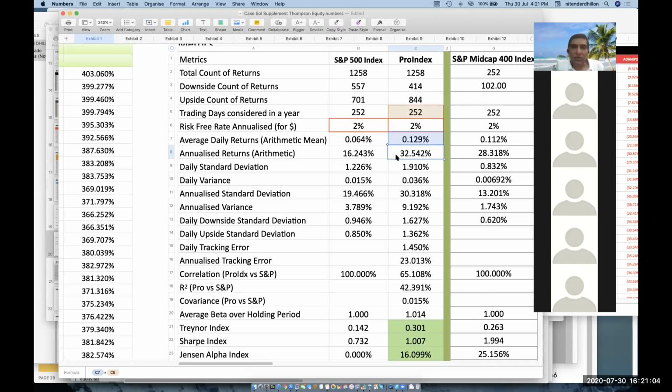Okay, here we are looking at an average return of around 32.5 annualized, and we get a standard deviation of around 1.9% on a daily basis. Is that fine? No, we are getting 0.129% on a daily basis, and standard deviation is the difference which we generally see between the returns.